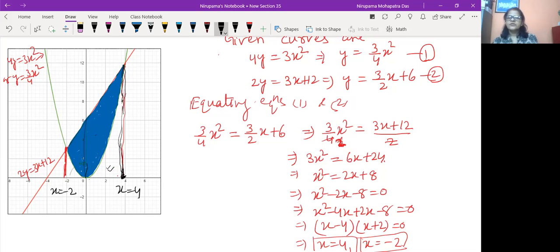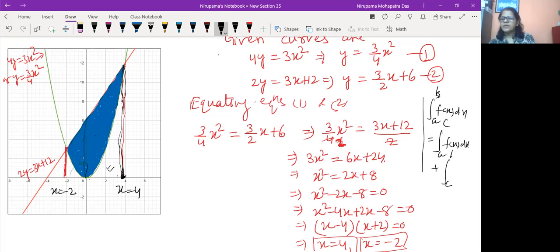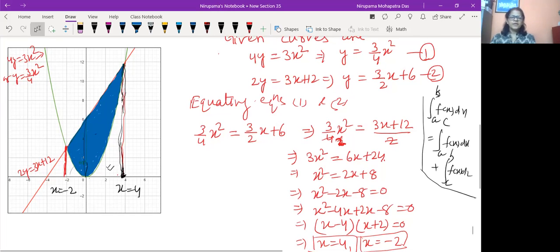Also, we know the integral property: a to b f(x) dx is equal to a to c f(x) dx plus c to b f(x) dx. So this property can be used here. Anyway, we are not going into that much complication here.